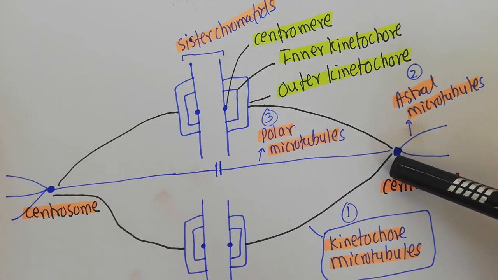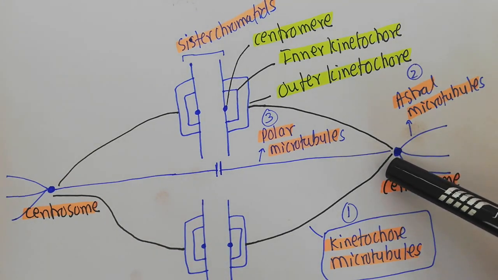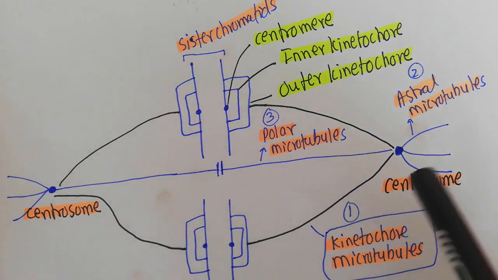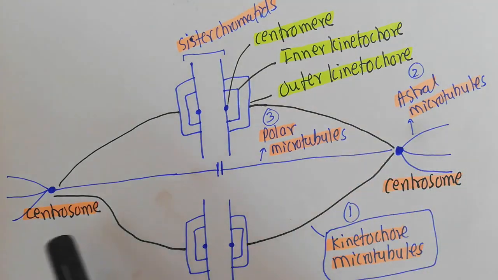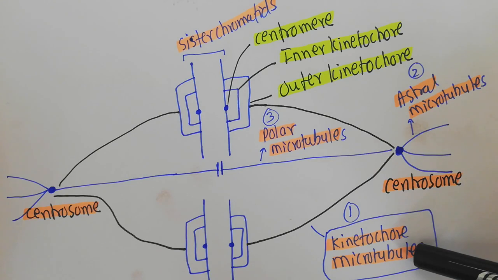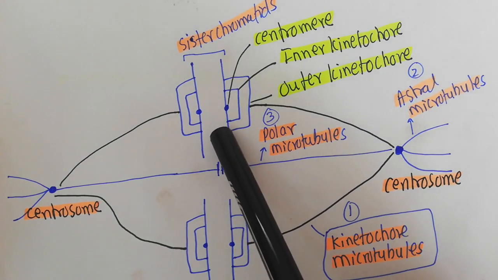Now at this particular point, I want to focus on the different types of microtubules and their points of interaction. If you talk about the centrosome, sorry, this is the centrosome and the other centrosome. Both of these centrosomes are responsible for the generation of three kinds of microtubules. The first important microtubule is known as the kinetochore microtubule, and as the name indicates, these microtubules are going to interact with the kinetochores that are already attached to the sister chromatids.